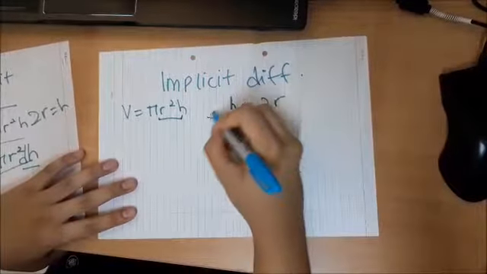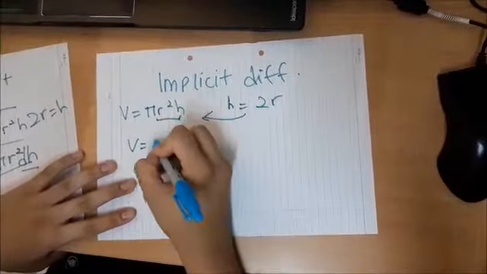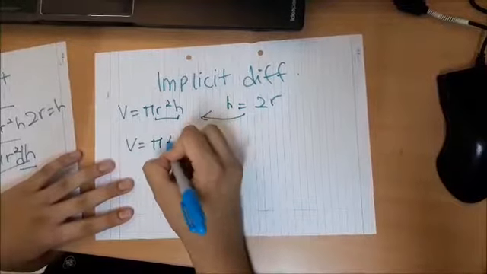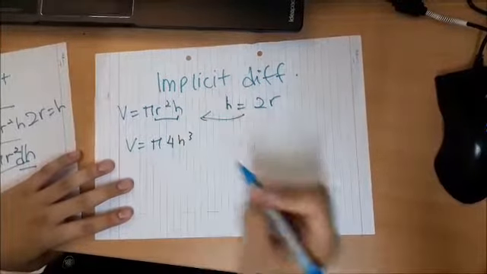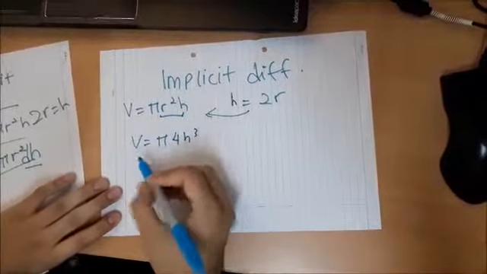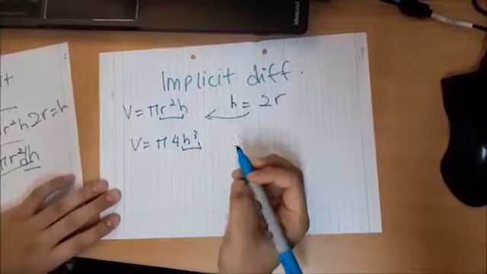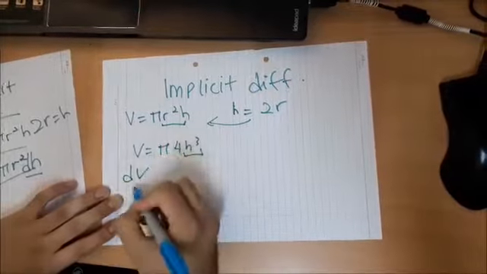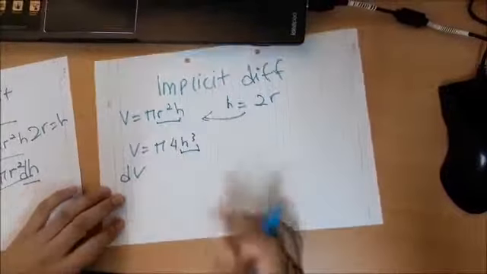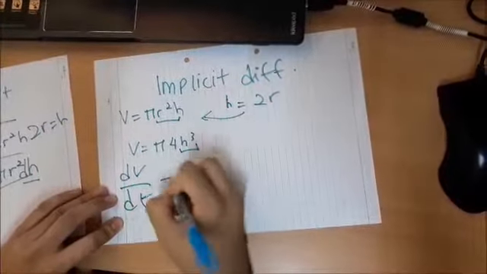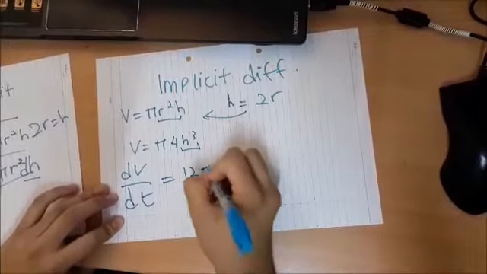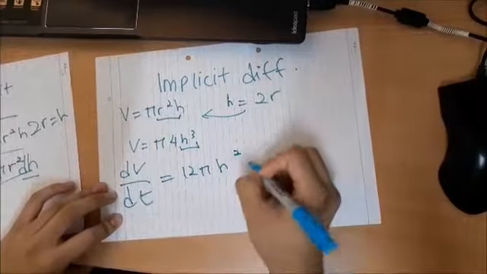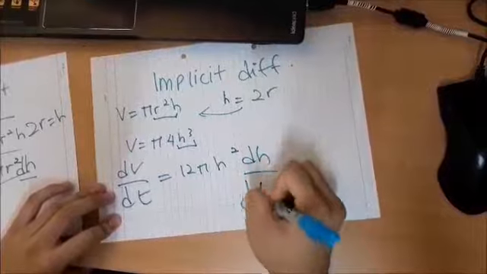So we substitute in, and we get V equals pi 4 h cubed. We differentiate this since it has one variable, so we can use implicit differentiation. Differentiating in terms of t, dV/dt equals 12 pi h squared dH/dt.